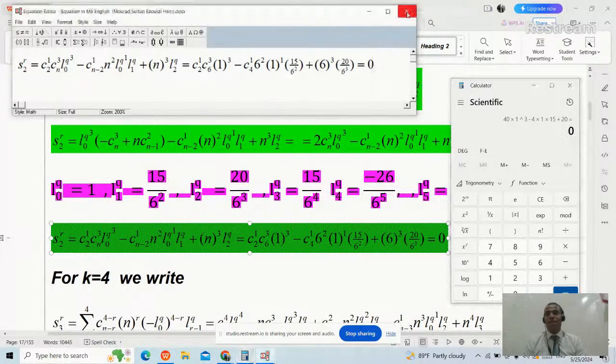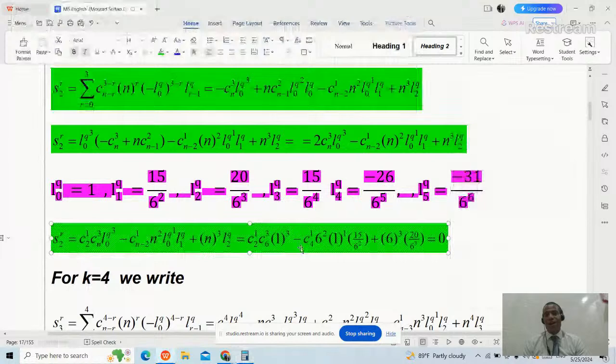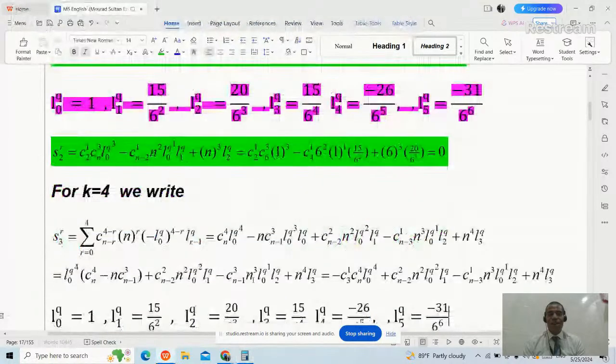Then we go to find the value of S3. To find S3, learners, there are some steps that everyone has to follow using the method of the discriminant formula of Mourad.